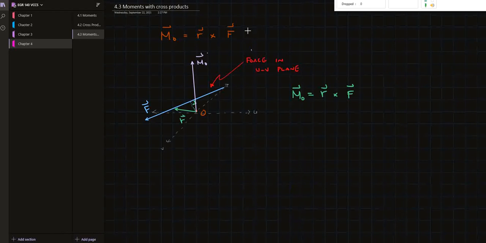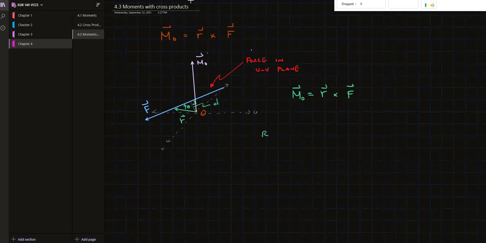And this works because essentially we are taking into account this angle theta and that distance d.